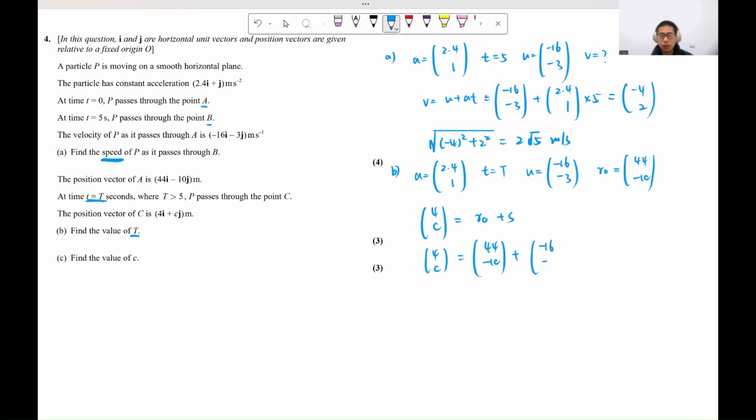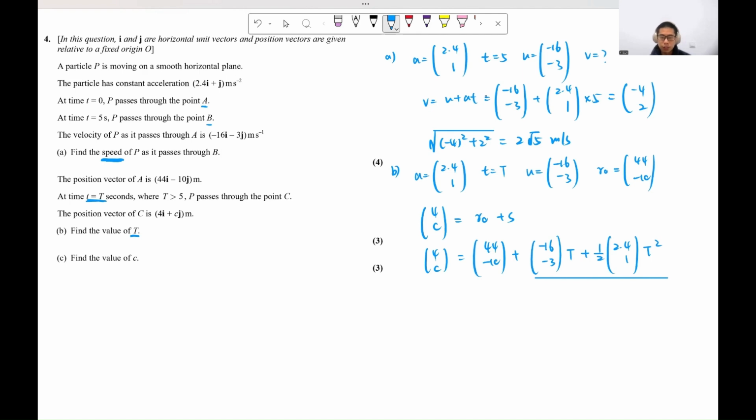So u is -6 and -3, t is just capital T, plus half a, and then T squared. So that's how we set them up. The final position is equal to the initial position plus the displacement. We know the final position 4, c, and we know the initial position 44 and -10. So now we have an equation, and we just have to solve it.